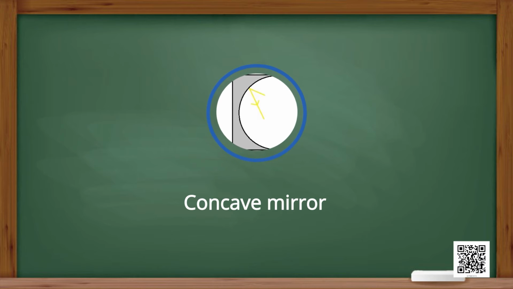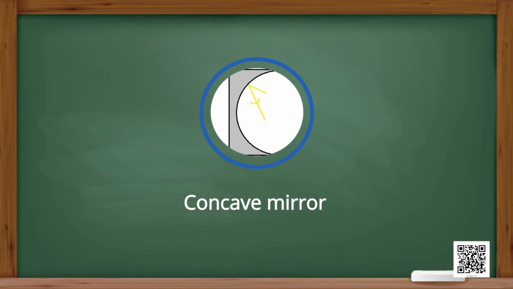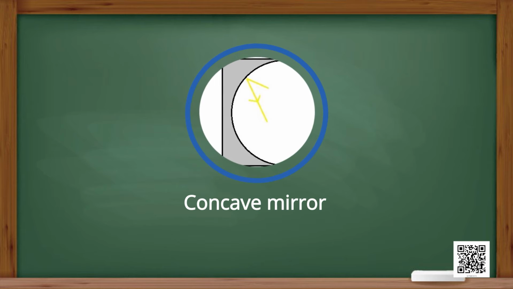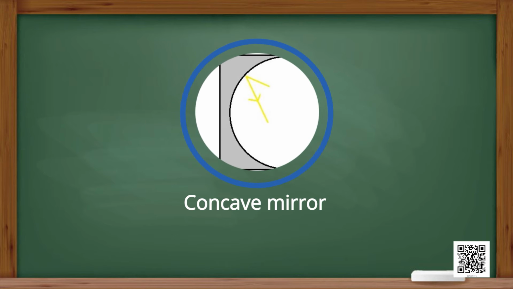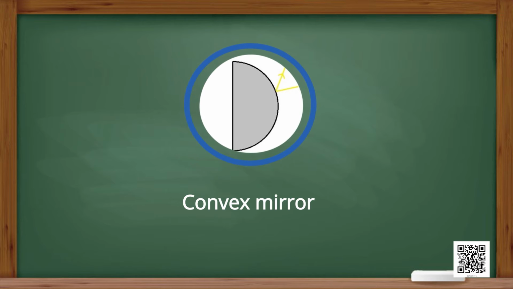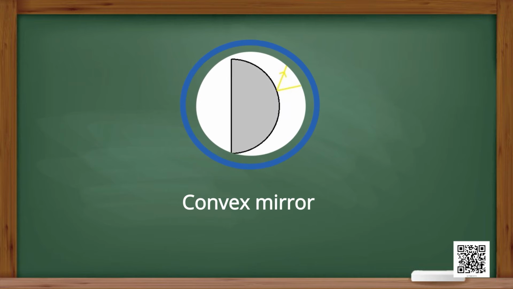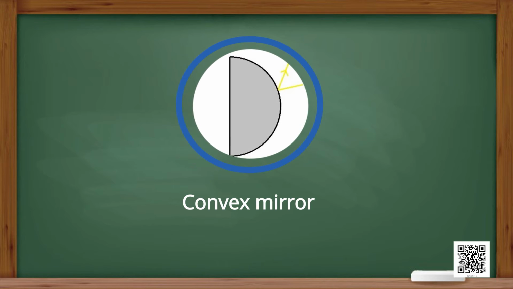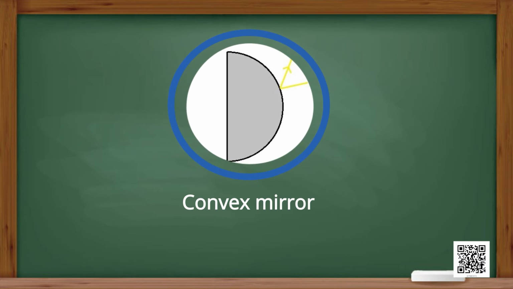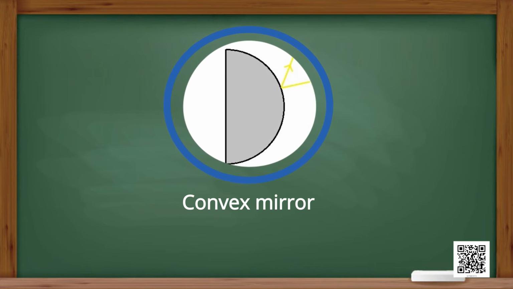A concave mirror is the spherical mirror in which the reflecting surface is concave or bent in. A convex mirror is that spherical mirror in which the reflecting surface is convex or bulging out.